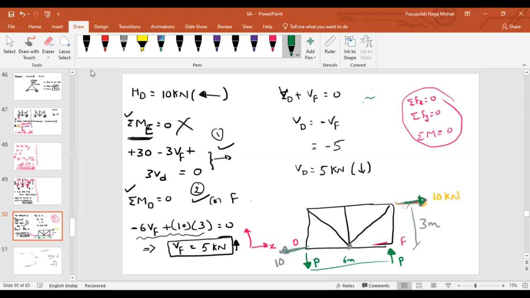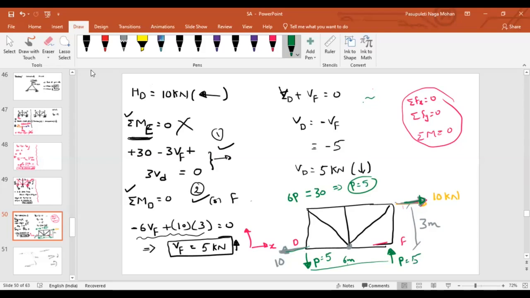Then how can I find out this magnitude P? What is the movement generated because of P? P into 6, 6P, so this is anti-clockwise. That should be balanced with the unbalanced movement. What is the unbalanced movement? 10 into 3, 30. That implies P is equal to 5. So this P is 5 and this P is equal to 5.